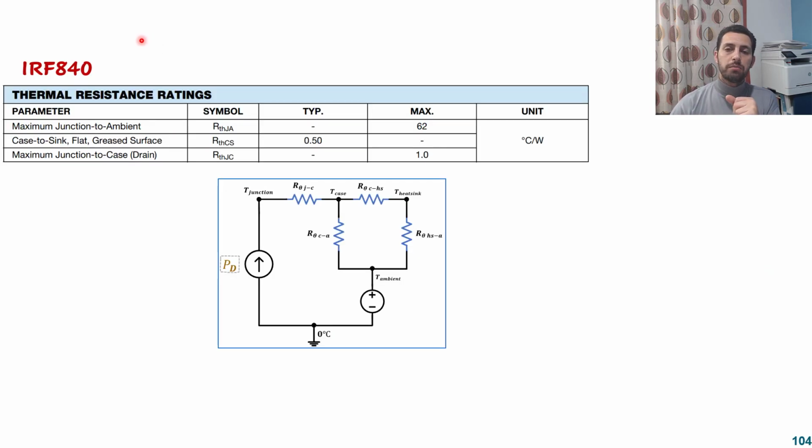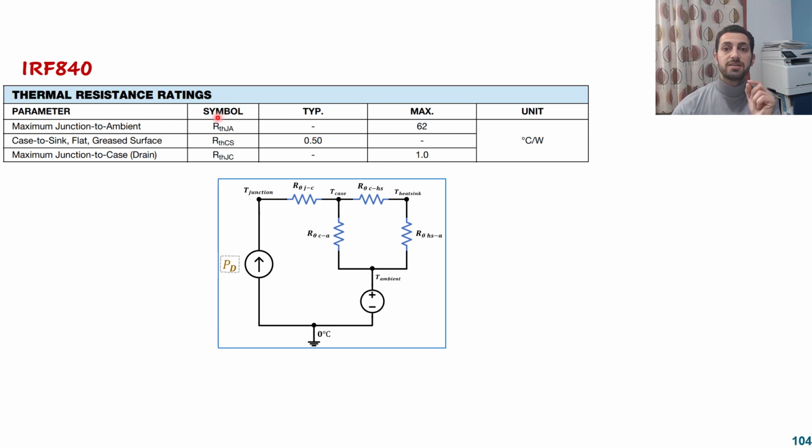And if you go through many data sheets, for example the IRF840, just to know where these thermal resistances are included: we have a part of the tables they call thermal resistance ratings, and one of them is called junction to ambient. That means it's the R theta junction to ambient. From junction to ambient, does it consider the heat sink or no?